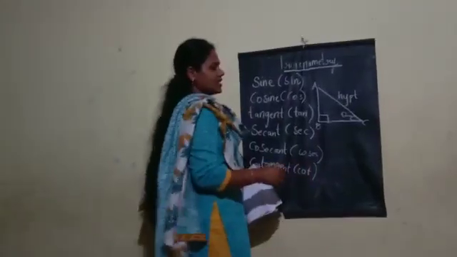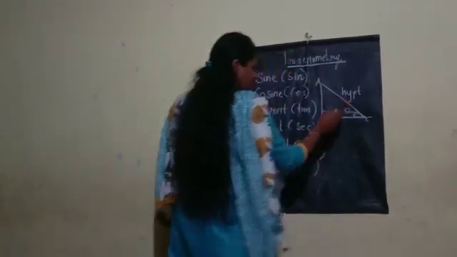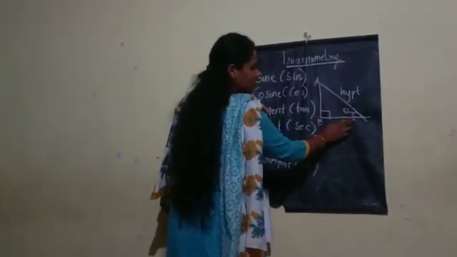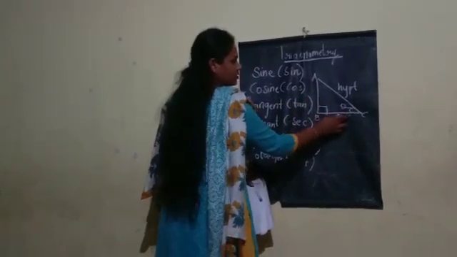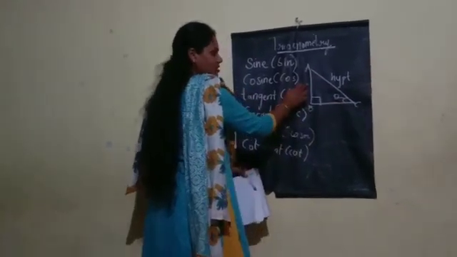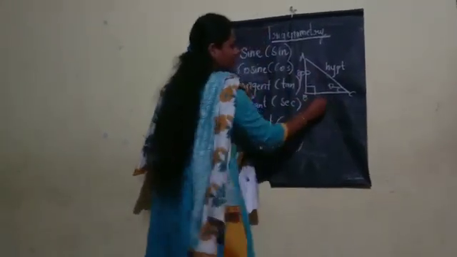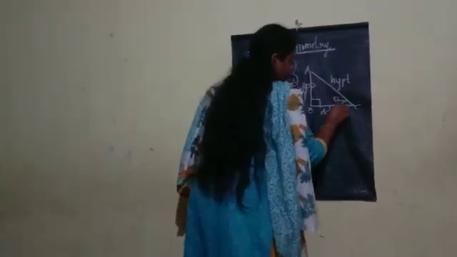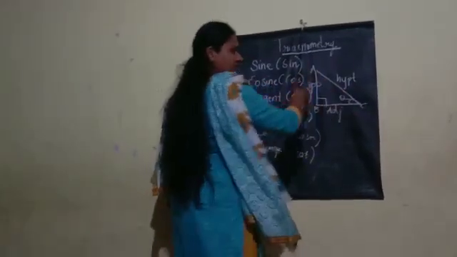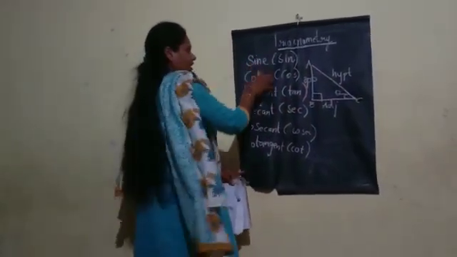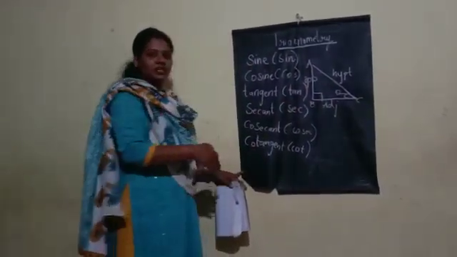We shortly write it like this. Then the side which is opposite to this angle theta, we write as the opposite side. And the remaining is the adjacent side. Depending on this right angle triangle, we can classify the formula for all these 6 functions.